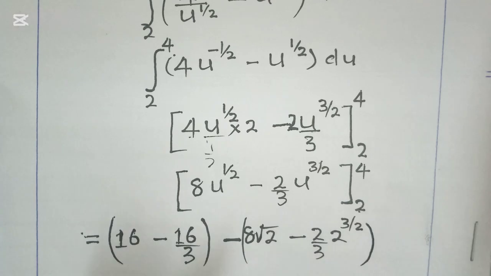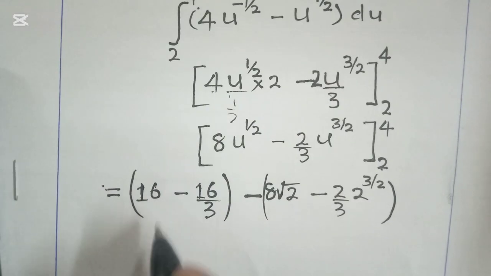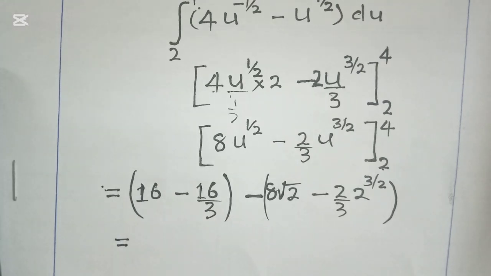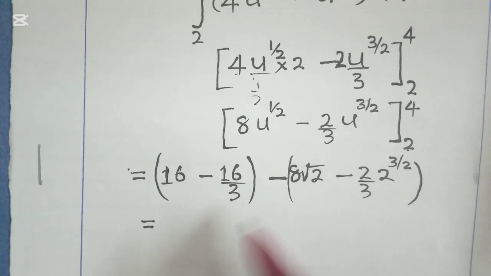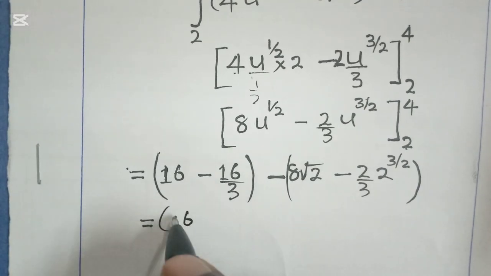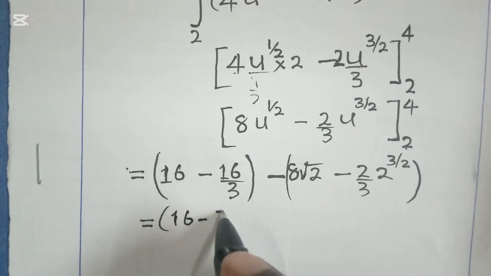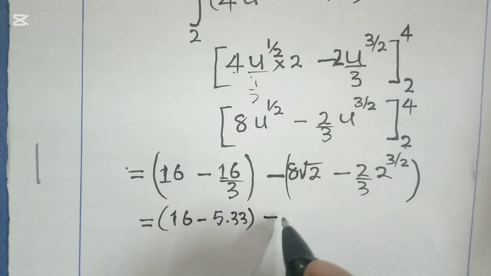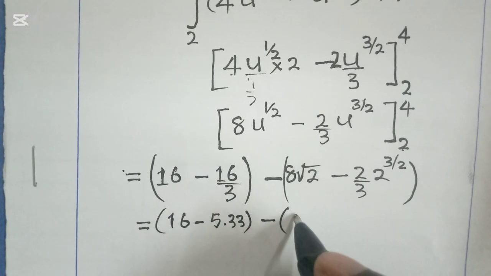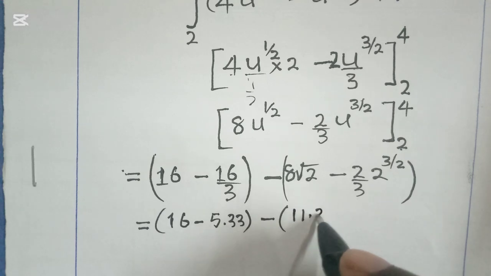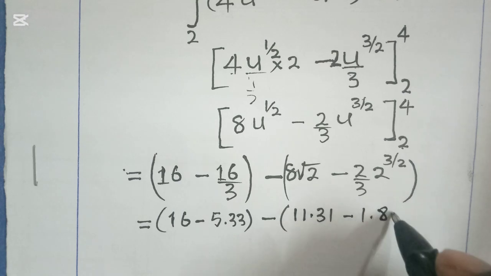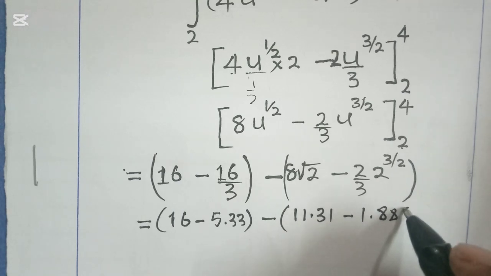So now we are going to work out these values. For the first one, I can do it offline and then show you too. So here we have 16 minus 5.33, minus, and this one we have 11.31 minus 1.885.